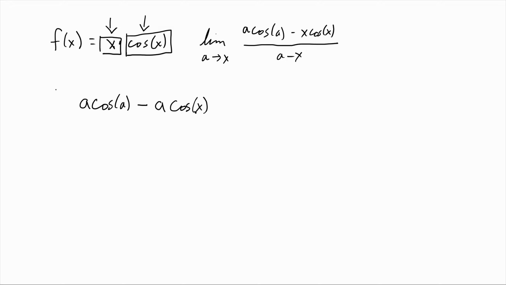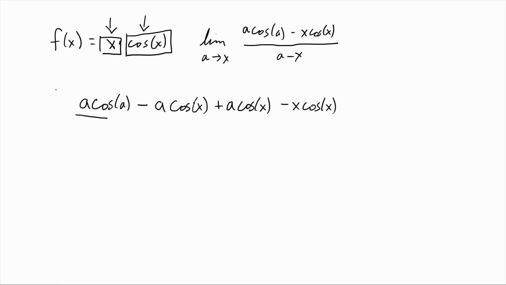Okay, so since I did that, let's add it back, because I don't want this to change my fraction. So the net result is just 0. And then let's put the last part right there. Notice that this numerator over a minus x is the exact same as the original numerator.